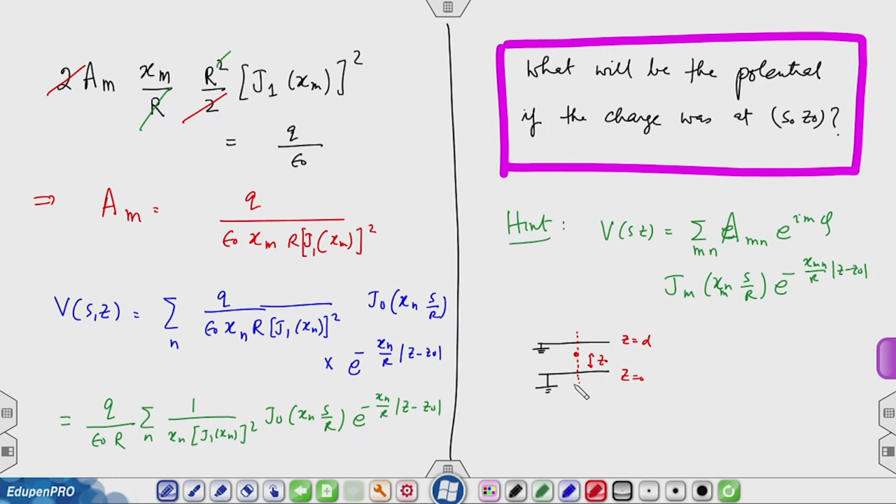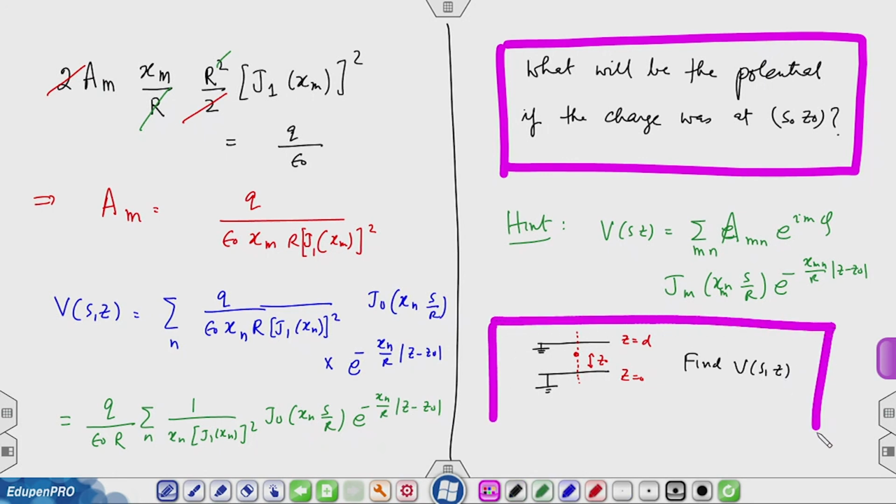Then find the potential everywhere. Find V(s, z). Notice that a similar problem or the same problem was solved using reciprocity theorem earlier, but now we want to find an expression using Bessel functions and sine hyperbolic functions or the exponential functions, which is basically built up from the Laplace's equation solution.